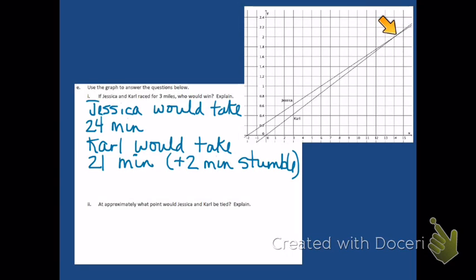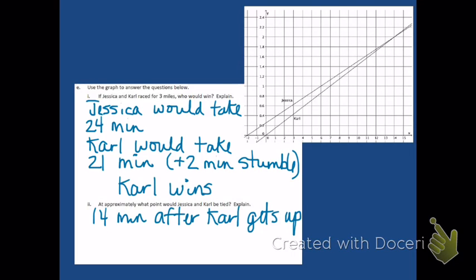At that same time, Jessica will also have gone 2 miles. This is the point where their lines cross, and this is the point where they would be tied. So we could say 14 minutes after Carl gets up, they are both at the 2 mile mark. That's where their paths would cross again.